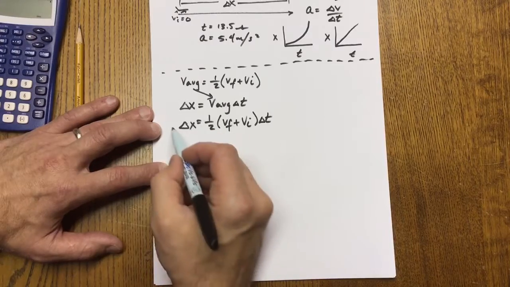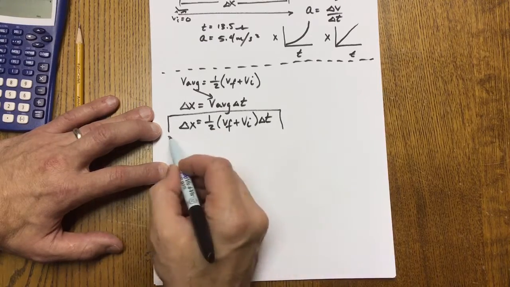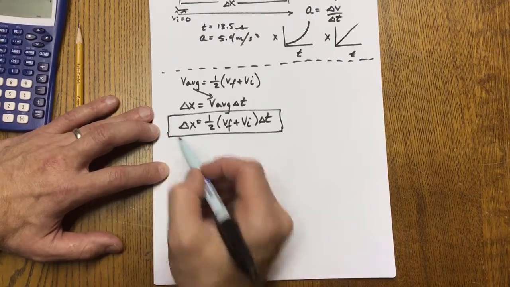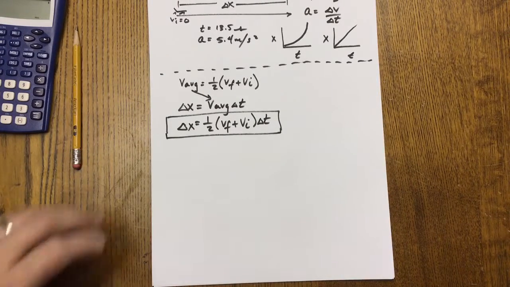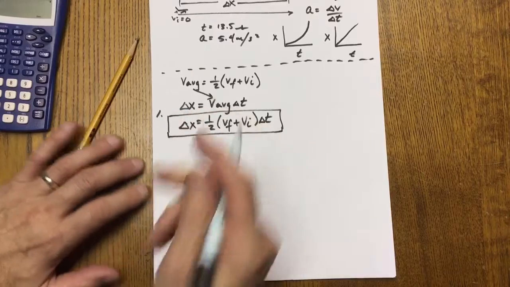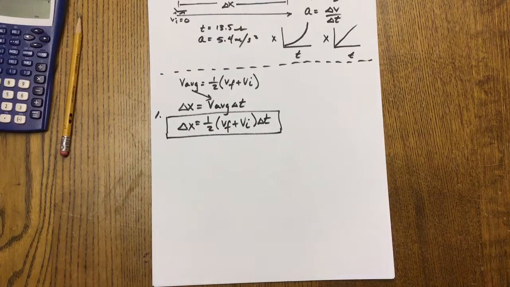That gives us a function for displacement. That's actually one of those equations. So we don't need to know what the acceleration is, as long as we can find an average velocity and have time.